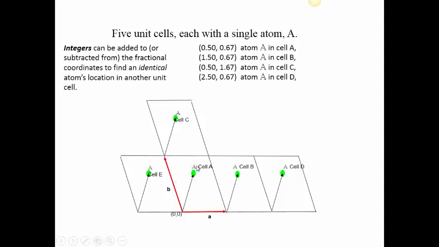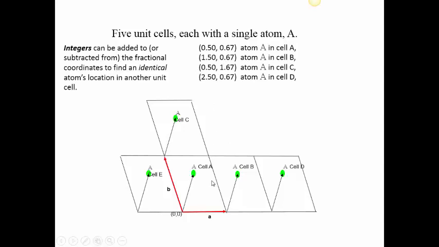If we look at cell B, that's moving 1 over to the right, we're simply adding 1 along A, so its fractional coordinates would be 1 on A plus 1/2, which gives you 1.5, and our projection along the B-axis is still 6.7.